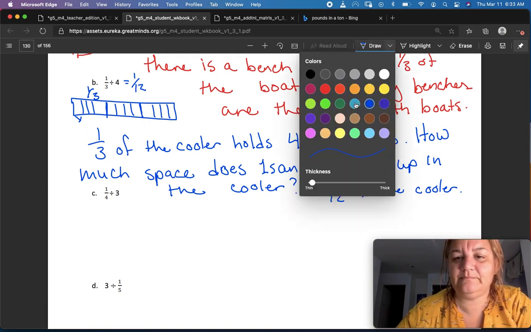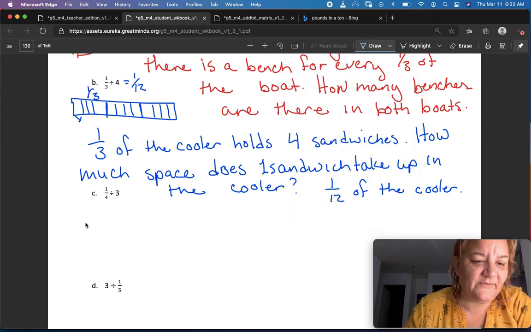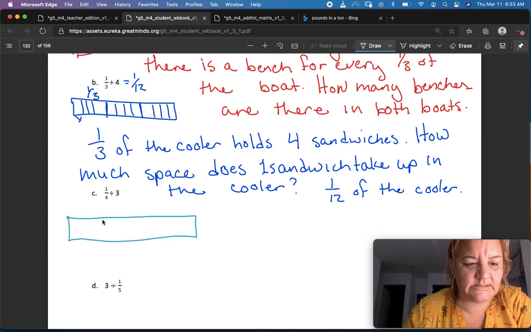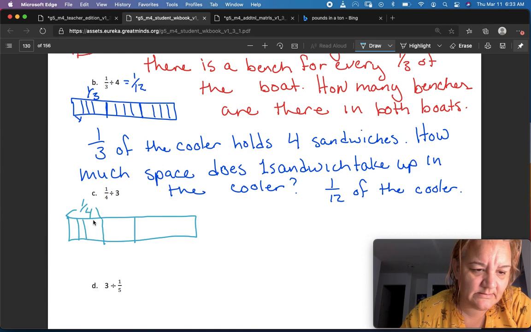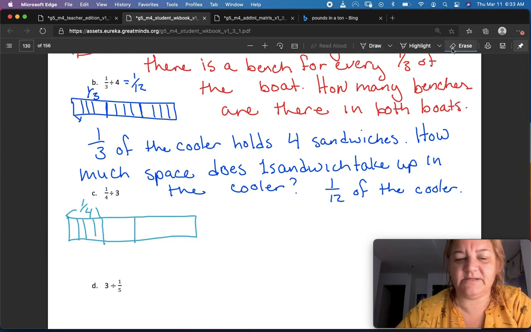1/4 divided by 3. Okay, so here's our tape diagram. This is 1/4, and we're going to cut that into 3. Oops, I'm sorry, I just cut it into 4.